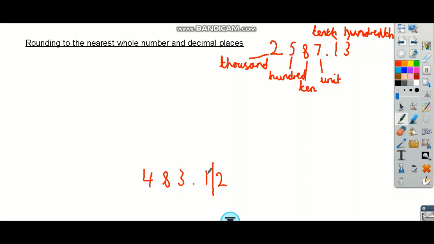So you split the two numbers after the decimal point. After that, you see whether the number after the line is bigger or less than 5. We know that 2 is less than 5, so we keep this the same. So we keep 1 the same, put up a decimal point here. We keep 3 the same, 8 the same, and 4 the same. But we turn the number we just found into a 0.